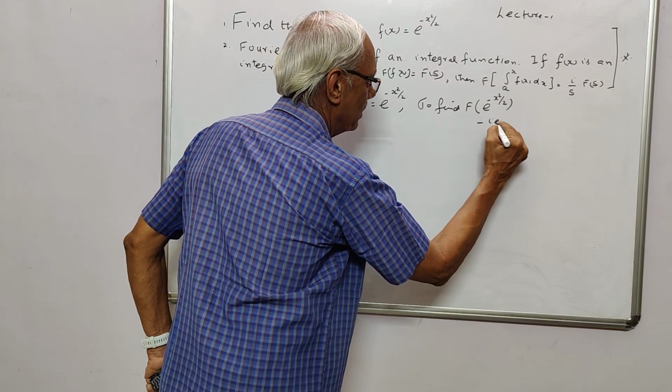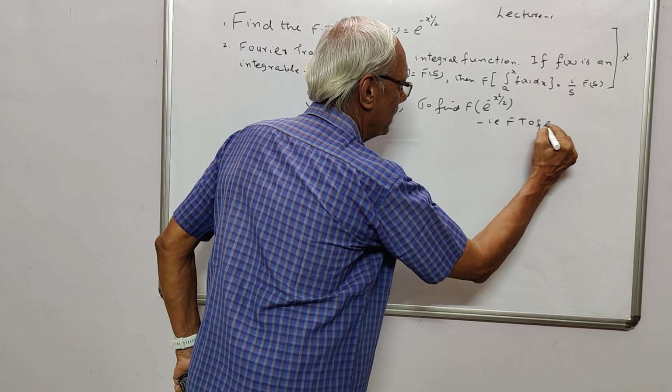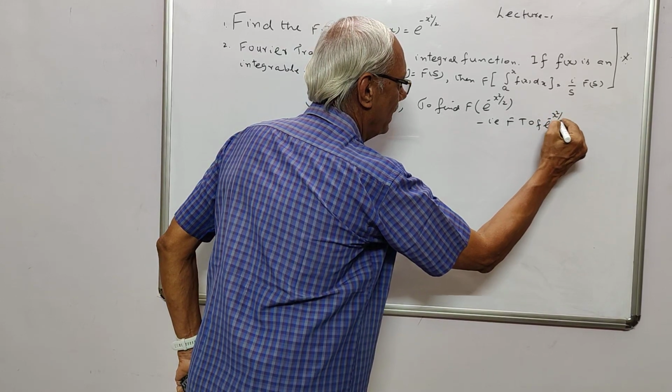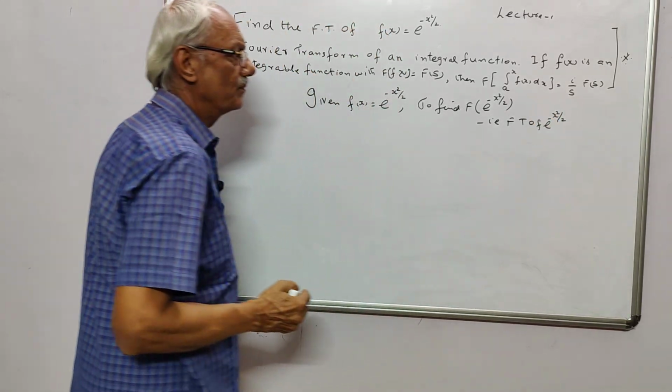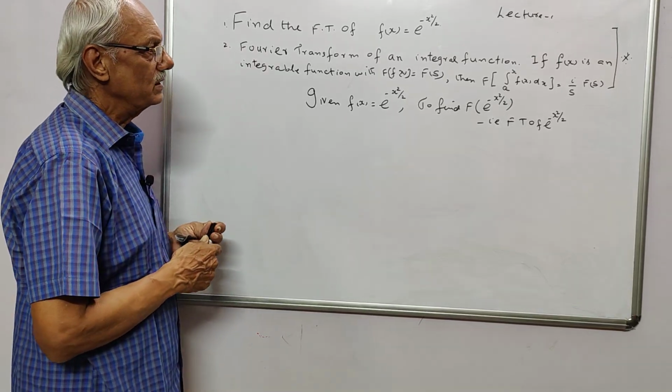That is, the Fourier transform of e to the power of minus x squared by 2. So this is my problem.